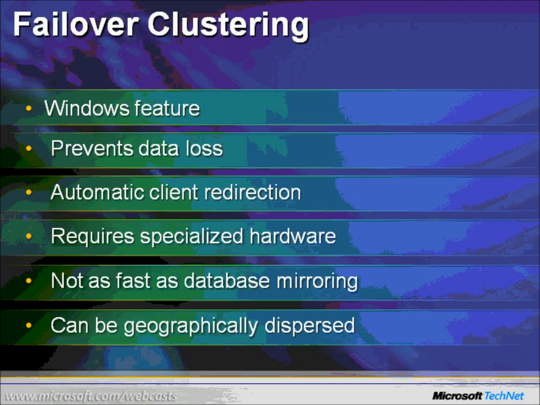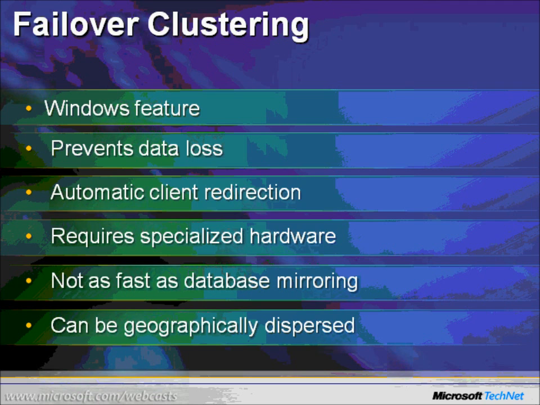I kind of look at clustering as building upon the concept of database mirroring because you're scaling it out to multiple nodes, multiple servers. Now, Windows Server 2008 is going to extend the clustering abilities of previous versions of Windows, both by reducing the hardware and infrastructure requirements, by supporting 16 nodes in a cluster.